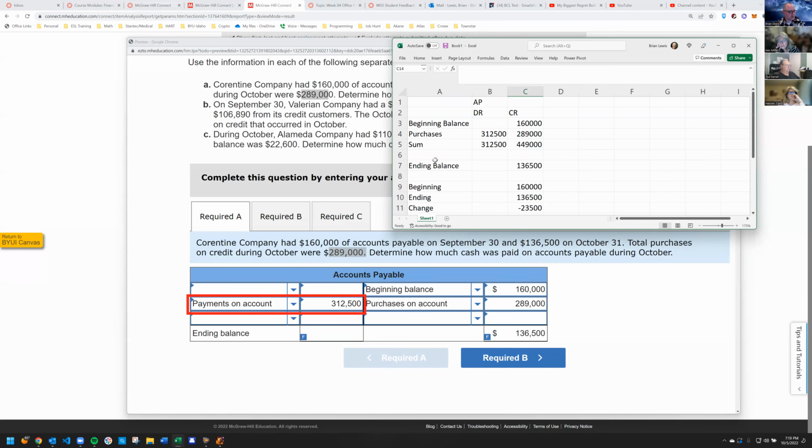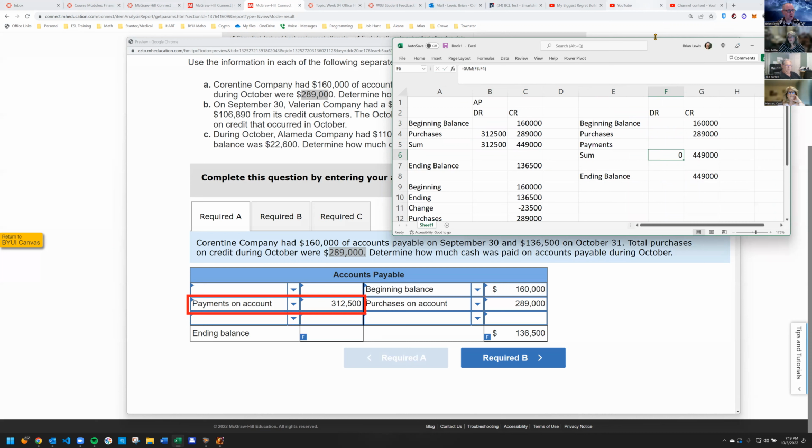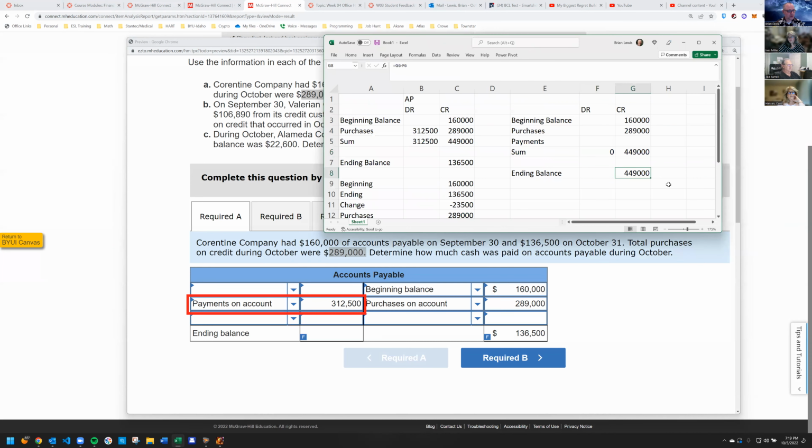One other way, we'll just use this one again, but we'll change it up a little bit because I need to move this and put the payments, right? So we're still trying to figure out, in this case, the 136,500. Let's take this out.